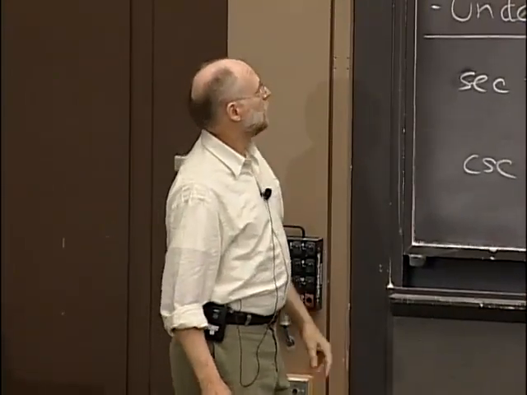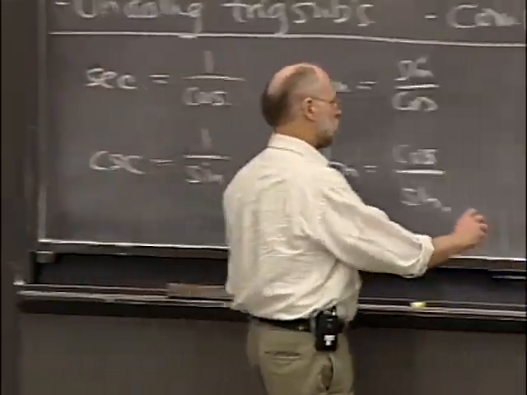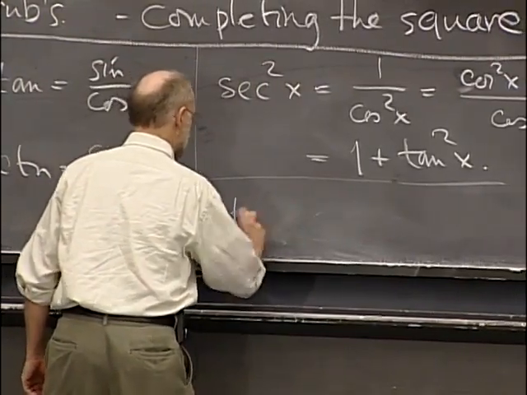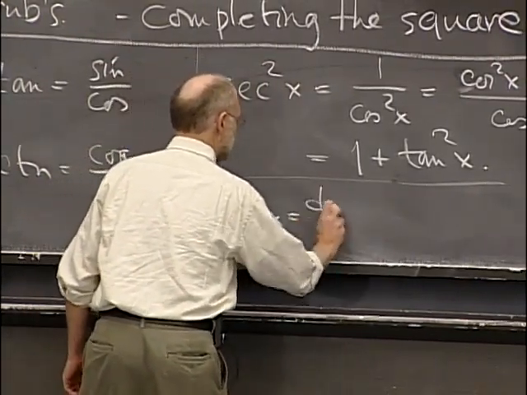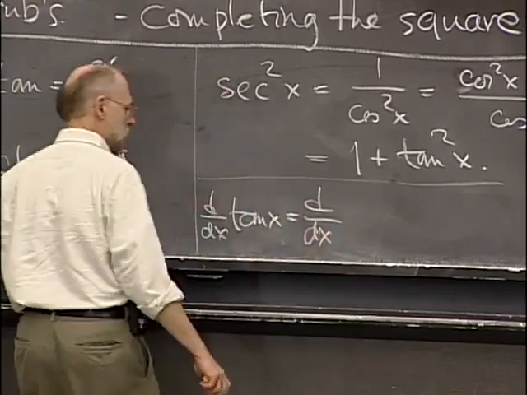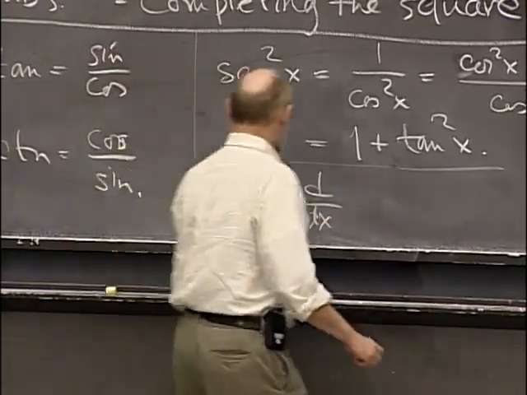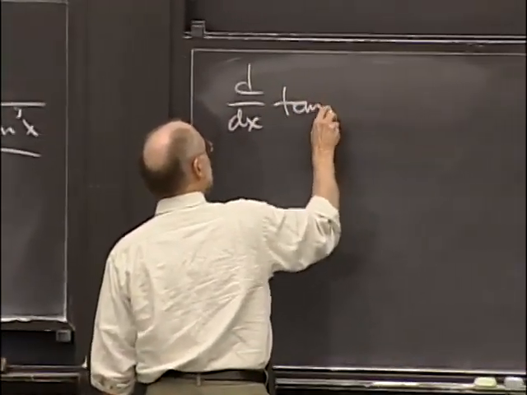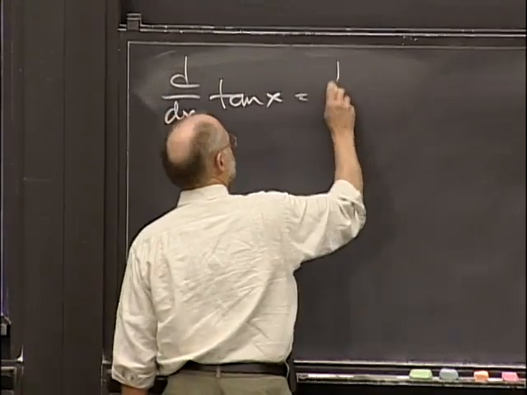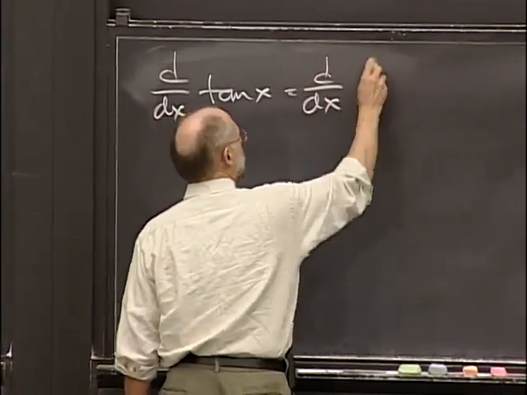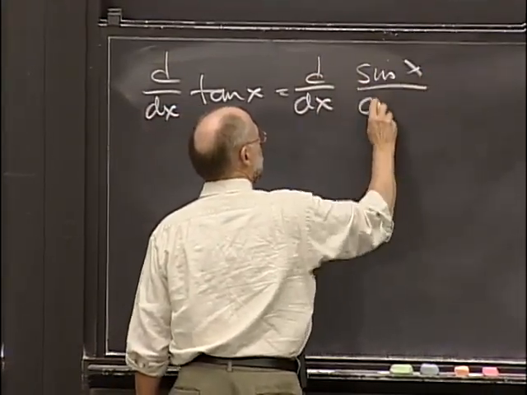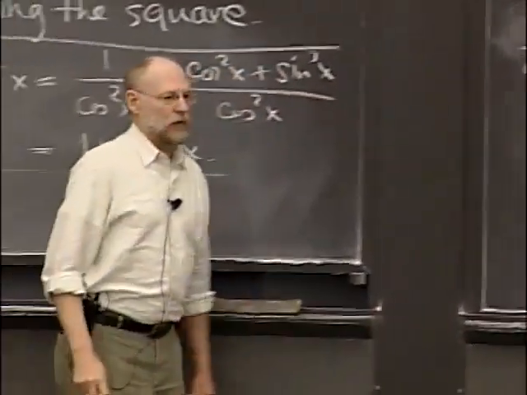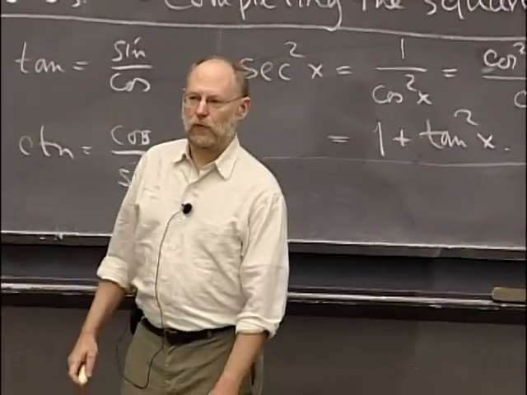That's the trigonometry identity part. How about this piece of calculus? Can we calculate the derivative of the tangent of x? Actually, I'm going to do that on this board. Well, the tangent of x is sine x divided by cosine x. So I think I was with you when we learned the quotient rule.